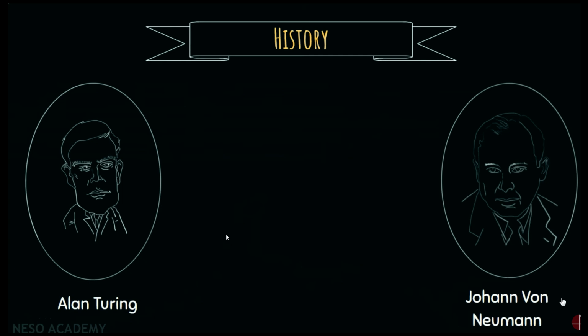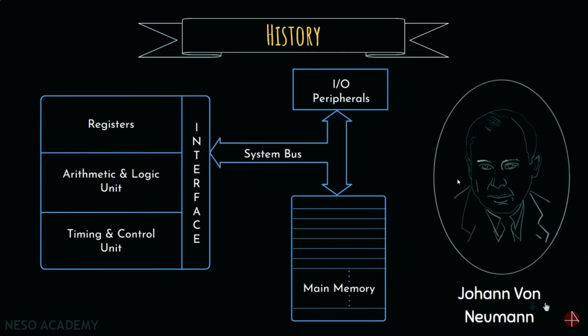Second is Alan Turing and John von Neumann. They both were prodigies. I don't know much about them, but we are going to focus on von Neumann. He was a child prodigy. He could divide 10 digit numbers by 10 digit numbers in his head in a fraction of a second. He was the one who proposed this architecture you see on the screen.